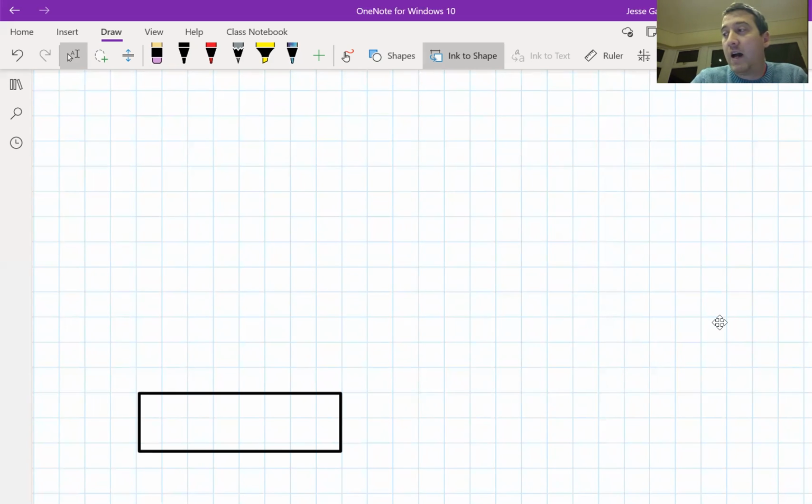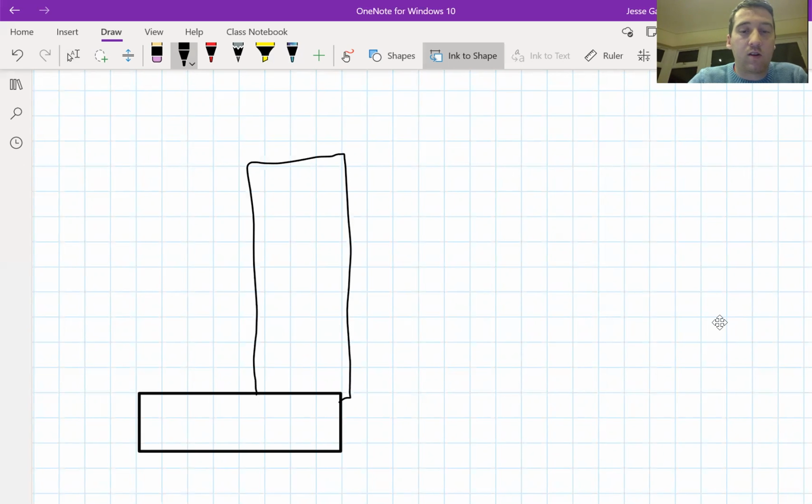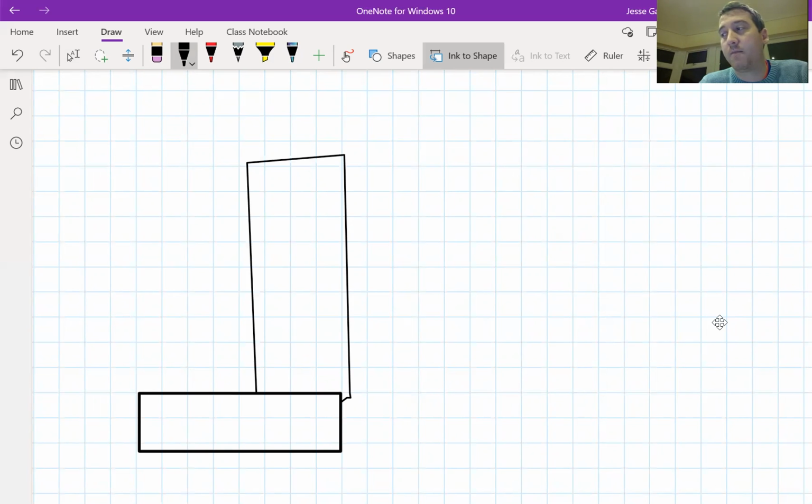After you draw the base, we are going to draw a rectangle upwards like that. You are then going to draw a platform that sticks out from the side like that.